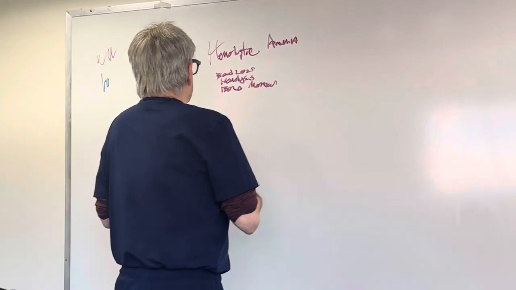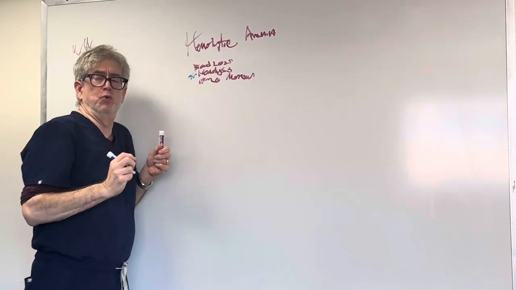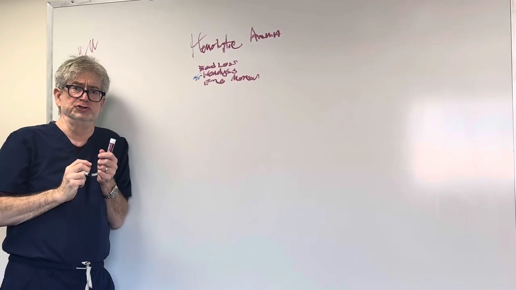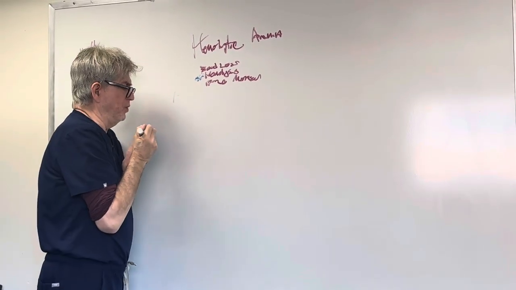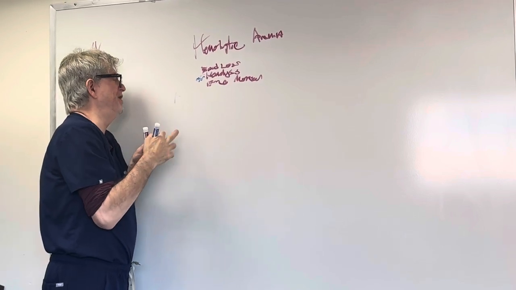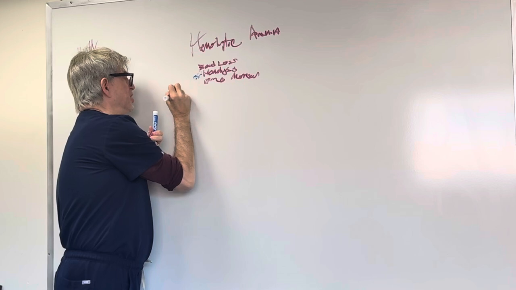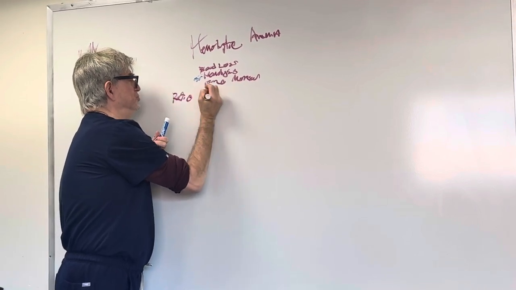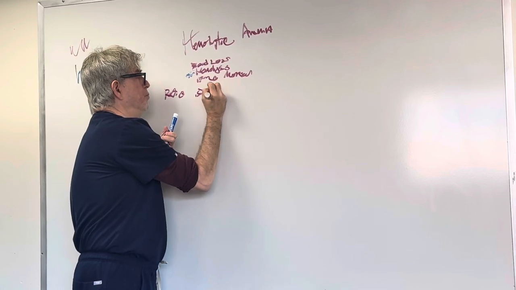Today we're going to talk about hemolysis. When you suspect hemolysis, so you're evaluating anemia, one thing you're going to need to get in your evaluation is a reticulocyte count. These are the young, immature cells, 0.5 to 1.5%.